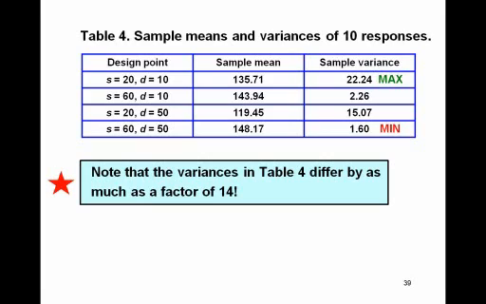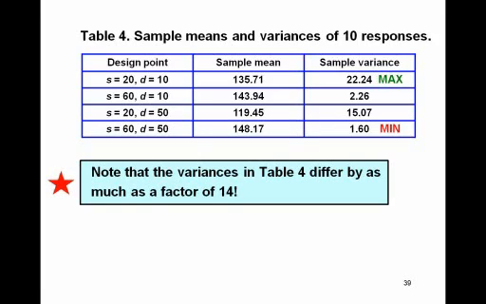And we're running that design point 10 times, and we're going to get a response value for each of the 10 replicates, and we take the average of those 10 responses, and we get an average cost of $135.71. We can also take the usual sample variance. It comes out to be 22.24.